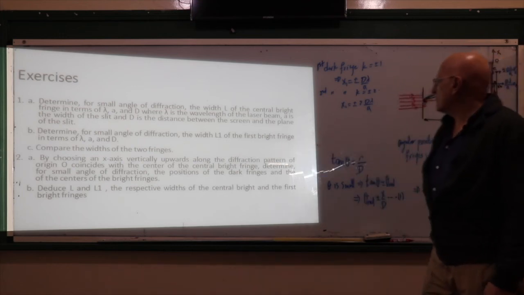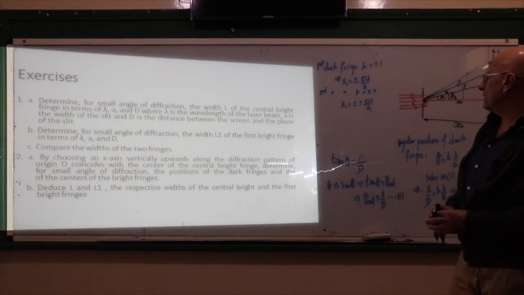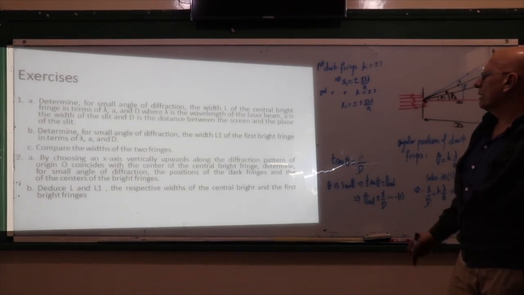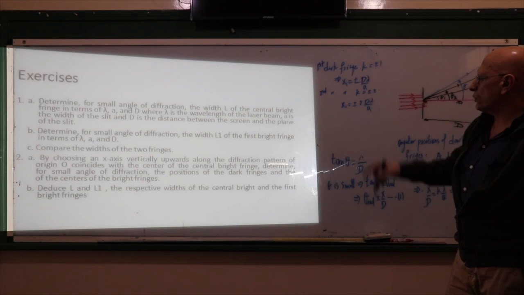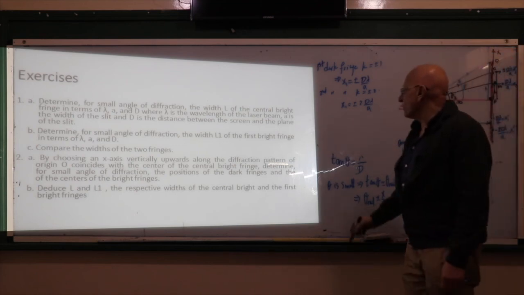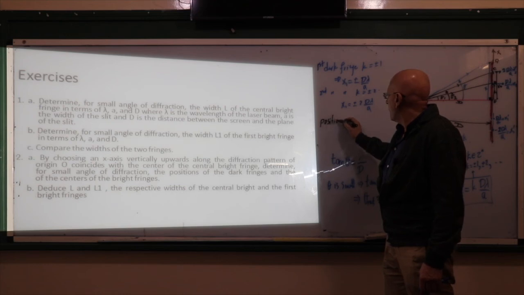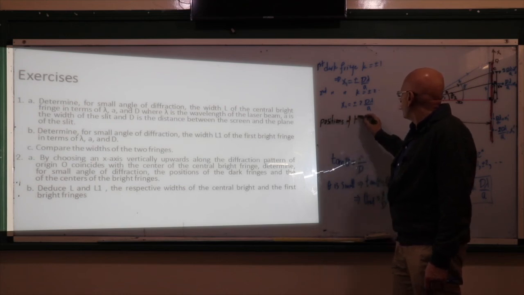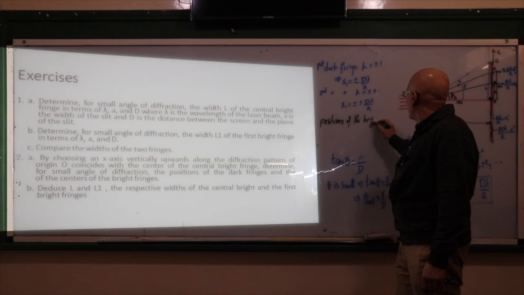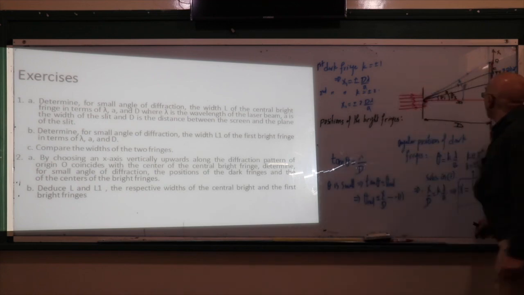He also wants the positions of the dark fringes and the positions of the center of the bright fringes. So positions of the bright fringes. How to find them?